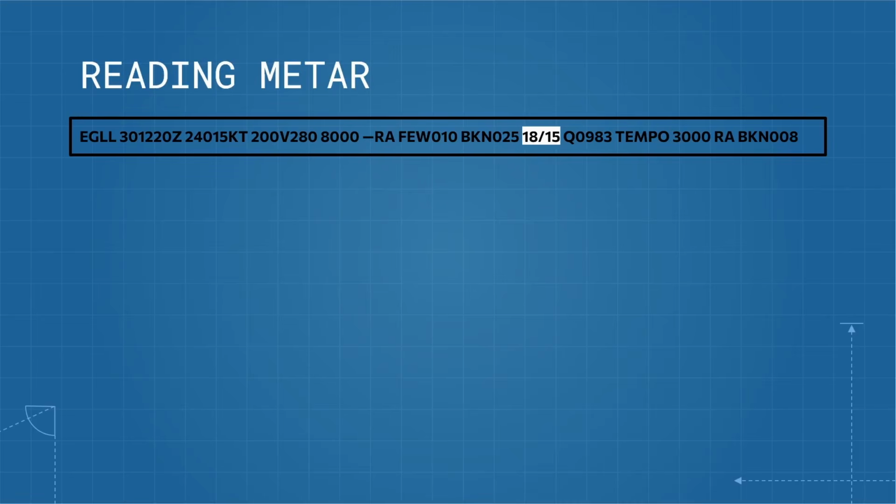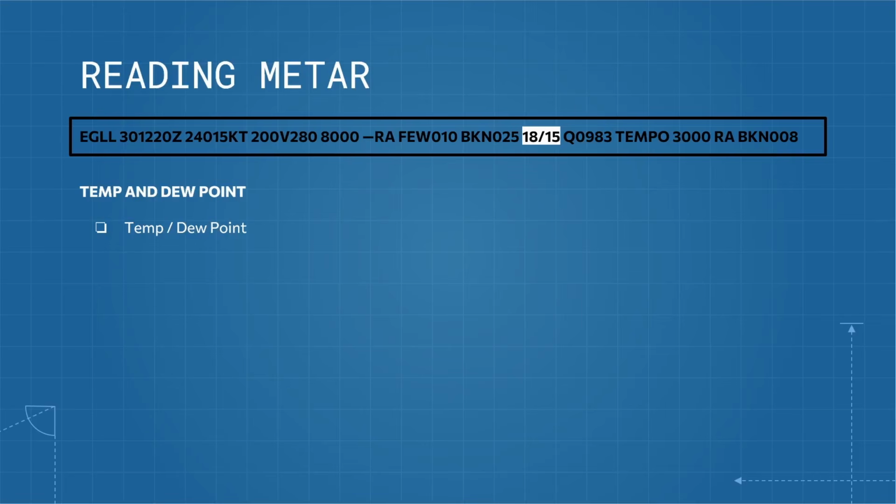The next 5 characters indicate the air temperature and dew point, which is a measure of humidity, in degrees Celsius, in the format temperature/dew point. So in this example, the temperature is 18 degrees Celsius and the dew point is 15 degrees Celsius. If either reading is not currently available, it is replaced by slashes.